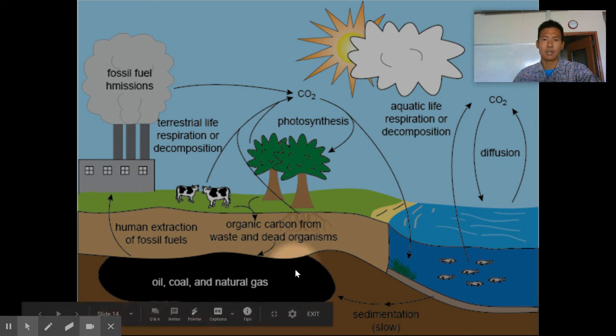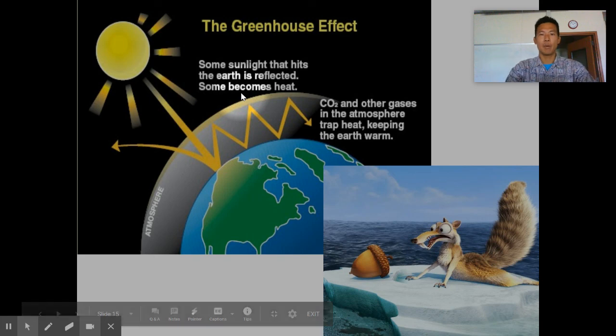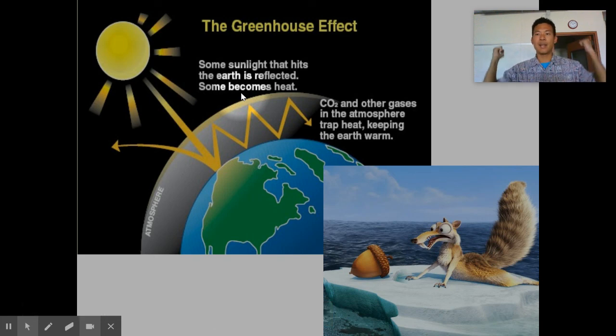Remember, carbon dioxide is a greenhouse gas. If you put more carbon dioxide in the air, it's like putting blankets over yourself. Eventually, especially if you live in Hawaii or in a place that's hot, you will overheat. And that's what's happening to the planet right now.